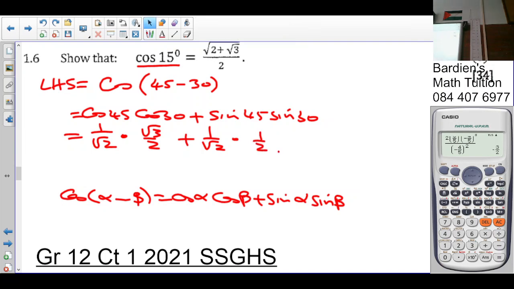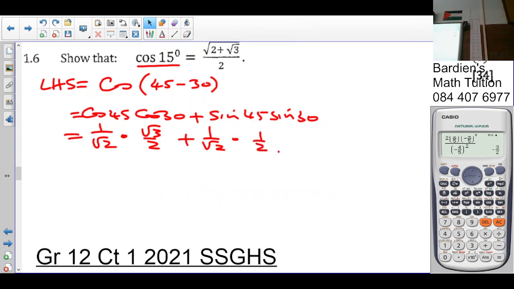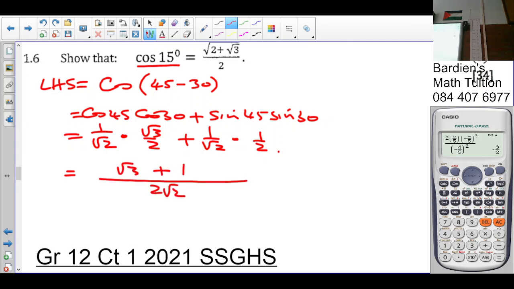As you can see here, we have the same denominator, so it can be written as root 3 plus 1 over 2 root 2. But what you should note here is that your denominator, there's only a 2 in it. Not so?